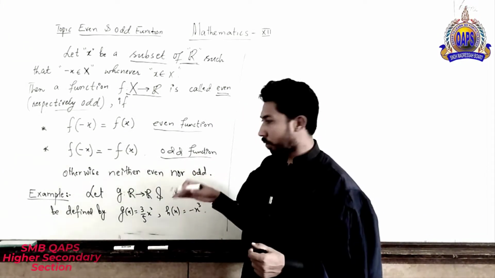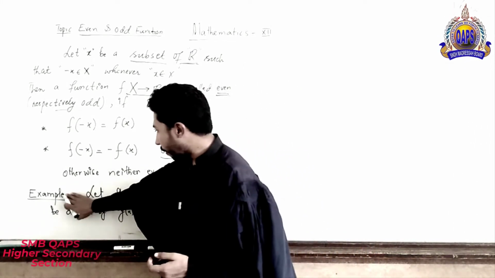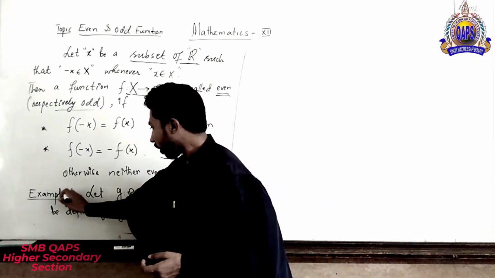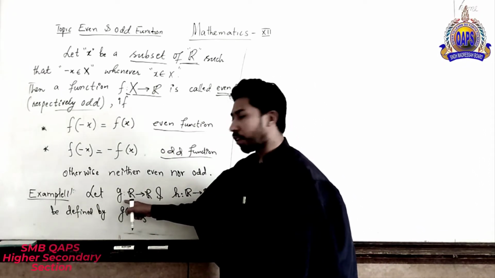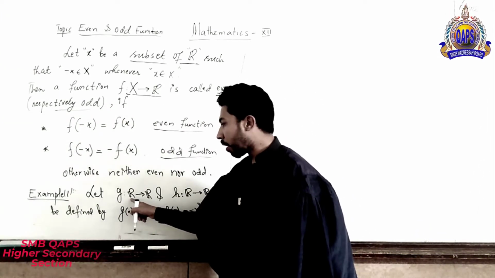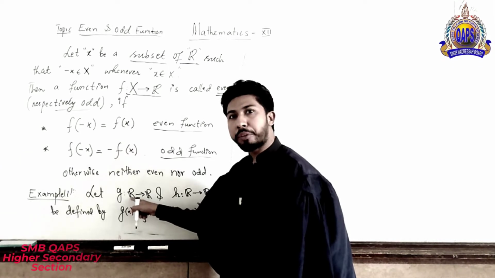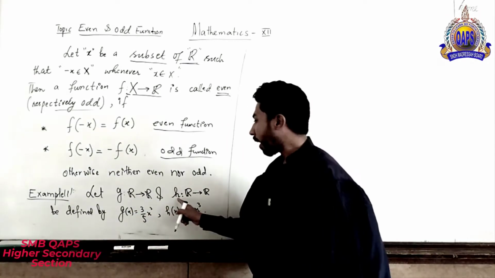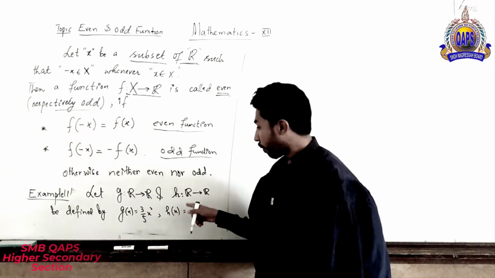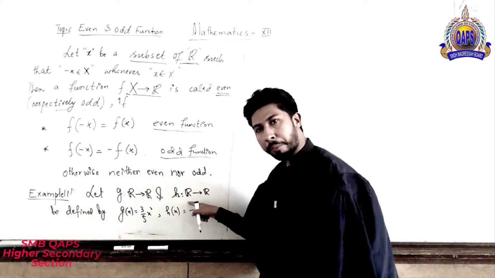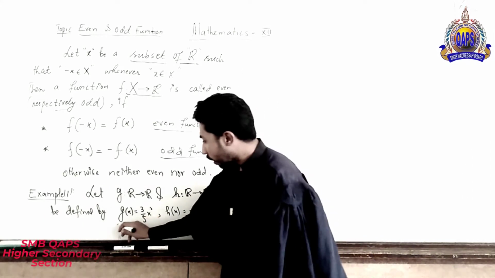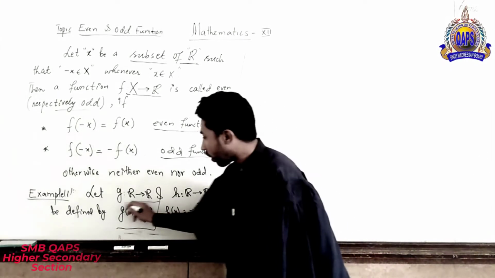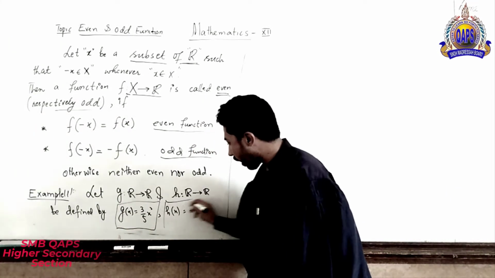So the first example in your book is: let g be a function mapping from real to real, and h be another function mapping from real to real, and the g function is this and the h function is that.